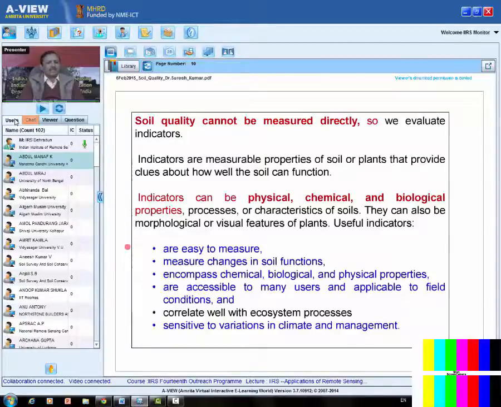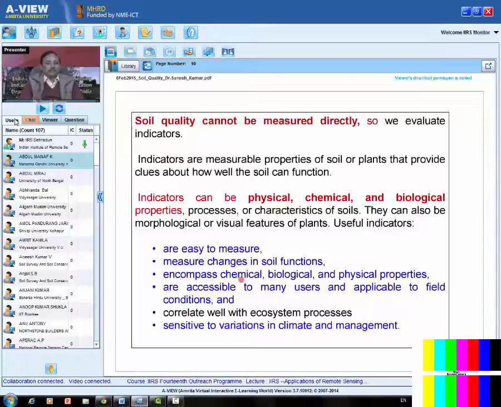We should not take those indicators which are very complicated, very complex, and very expensive to measure. So that cannot be an indicator. An indicator should be easy to measure, and it should measure the changes in soil function. If function is changing, then soil parameters or properties should change easily so that we can see the effect of that.